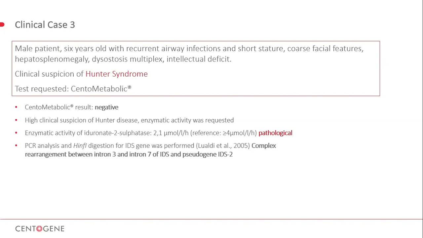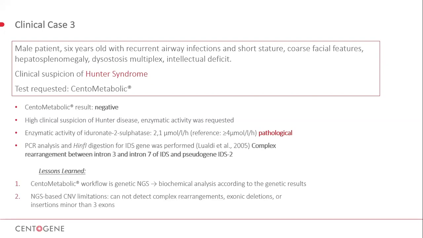So, what happened here? Especially the IDS gene is followed by a pseudogene, which gives rise to complex rearrangements that are not detectable by sequencing. So a specific assay should be implemented to search for this variant.